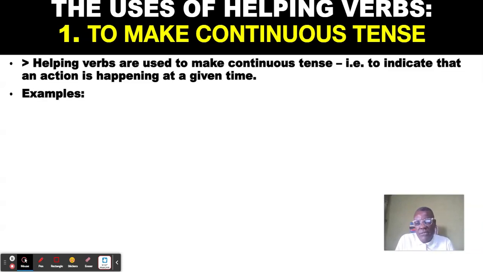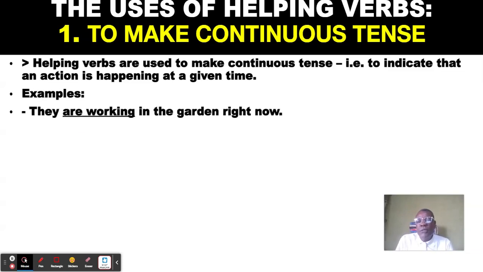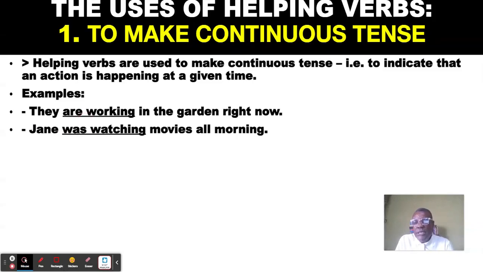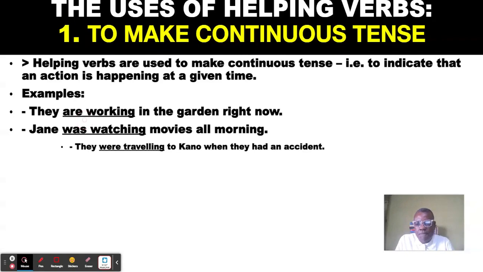Let's see some examples. They are working in the garden right now. You see, the helping verb is are combining with working to indicate that the action is happening at the time of speaking. Jane was watching movies all morning. The helping verb is was and is combined with the main verb watching to express the continuous tense.